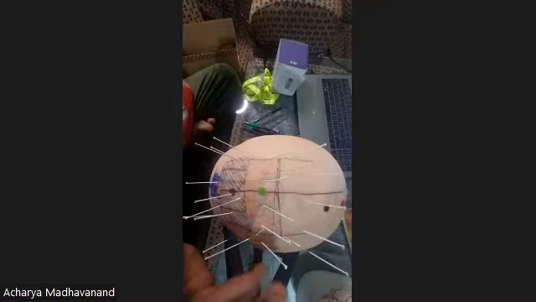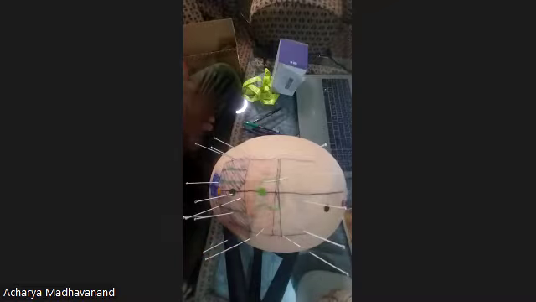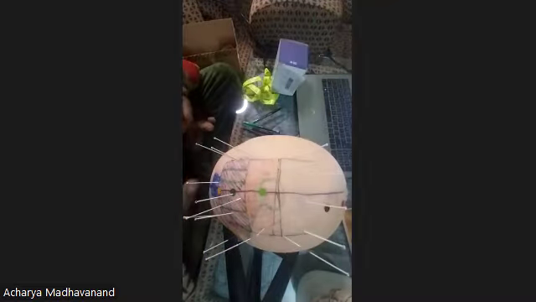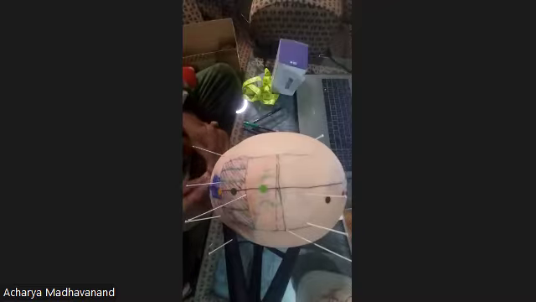If I put these needles for the area of upper jiao, if you are putting only 2 lines like this, then if you are treating the total area, 10 needles is enough.